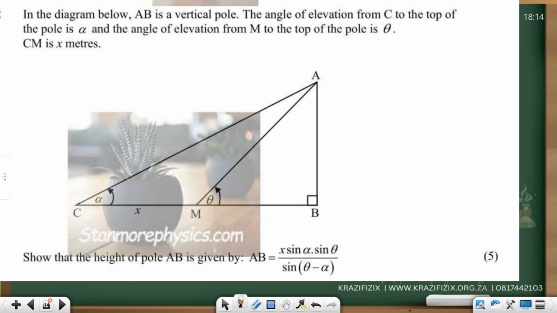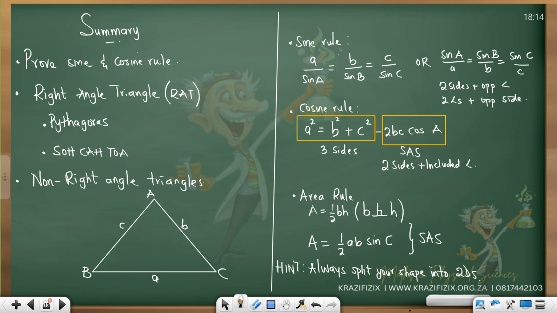Oh, I wanted to mention something, guys. Whenever you hear the word vertical, there's a 90 degrees. Please take note of the word vertical. That's very, very important. I wanted to add it somewhere. I hope you remember. Just put a star. Let's put a cloud.